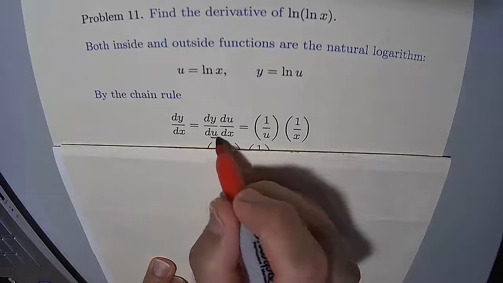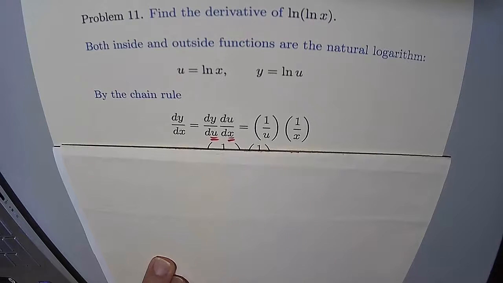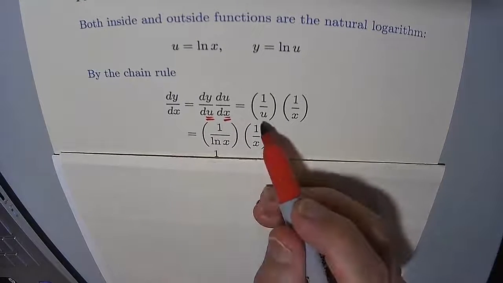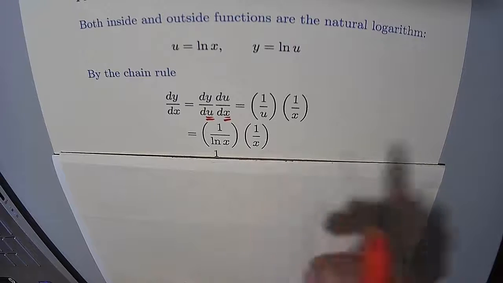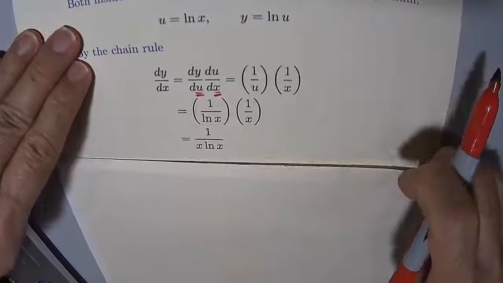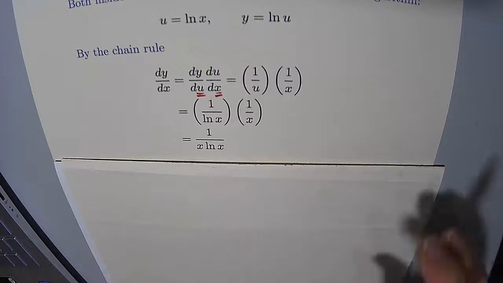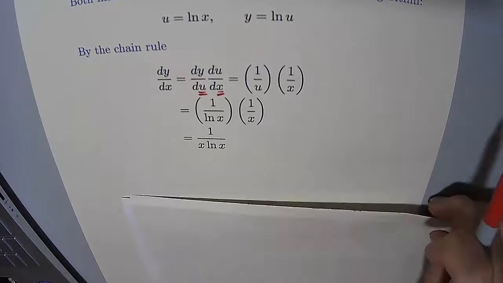Of course, notice that we are taking the derivatives with respect to different variables, and we get, after inserting the u back, 1 over ln of x times 1 over x, and then we multiply out, compactify, 1 over x ln of x as the answer to this problem. And that is going to do it for us.